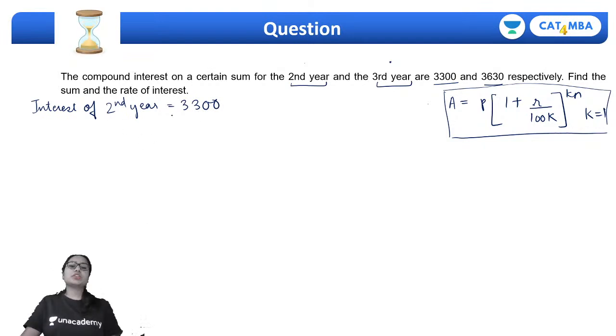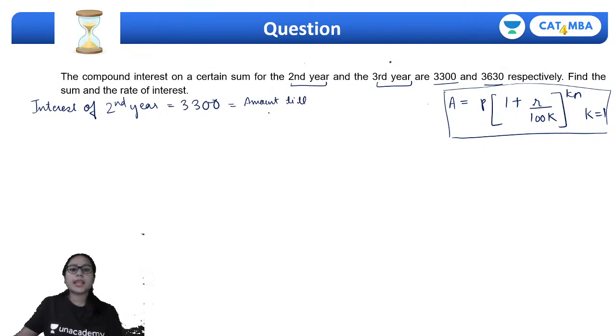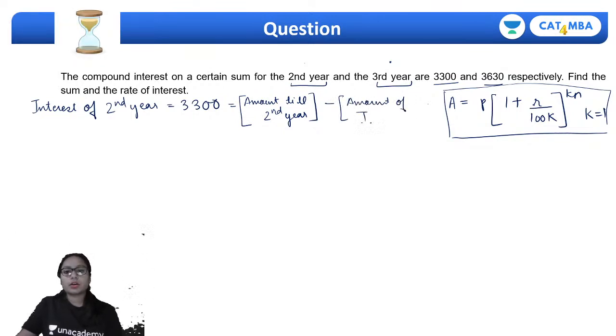So the interest of second year is actually equal to the amount till the end of second year, or you can say amount of 2 years minus amount of first year. So this will give me the interest on the second year.